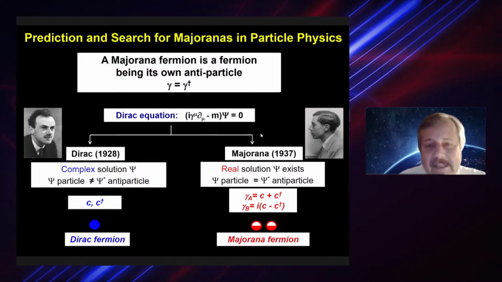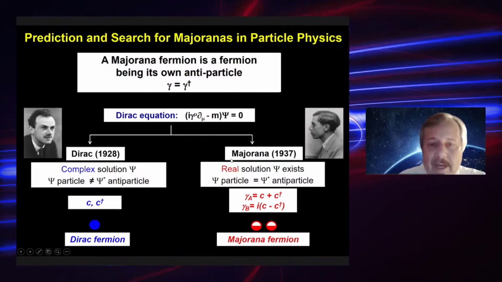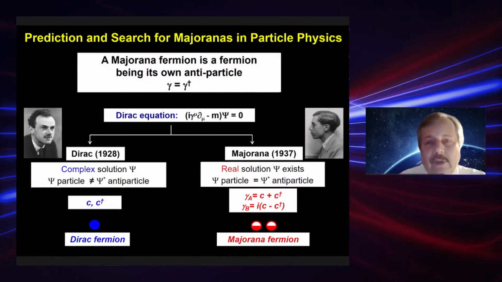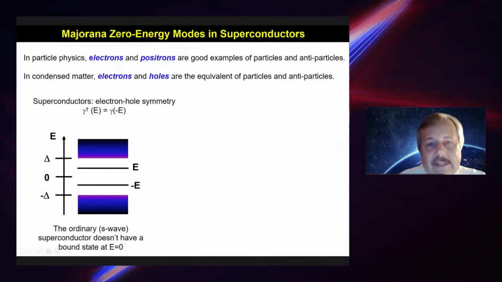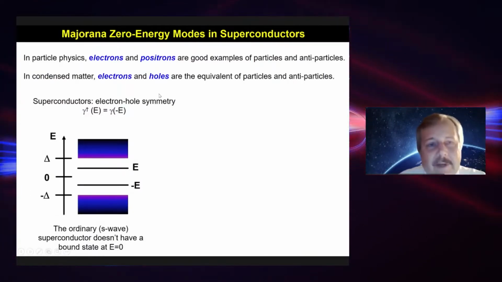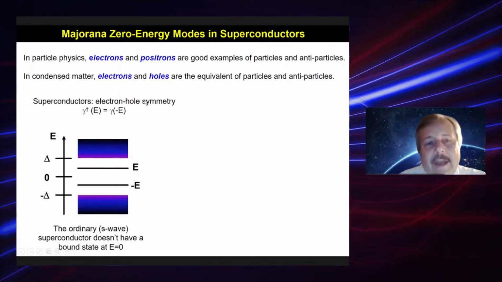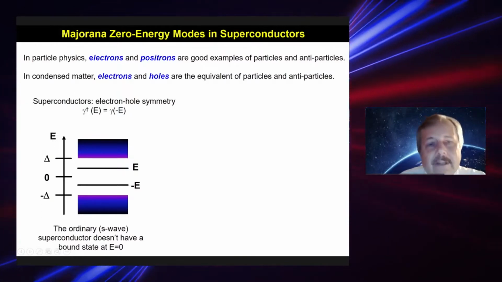However, in solid state physics, we have indeed possibilities to realize Majorana quasi-particles, and this is what I'm going to discuss next. In condensed matter, we have electrons and holes being the equivalent of particles and antiparticles, and especially when considering superconductors, we have a very nice electron-hole symmetry, which plays a crucial role in this field.